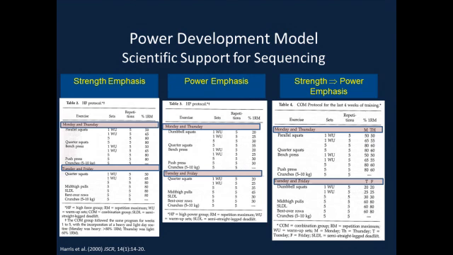Another group was switched into a power group. Most everything here was at about 30% or less. And then there was a combination group. And for the first 5 weeks, they trained like this group. In the last 4 weeks, they trained in a real combination, where they would even do some clusters and so on, complex training.